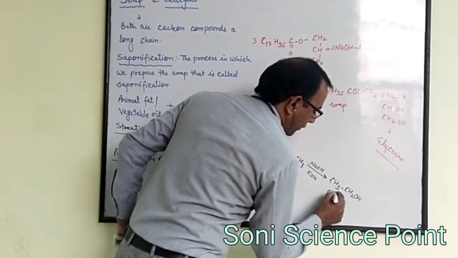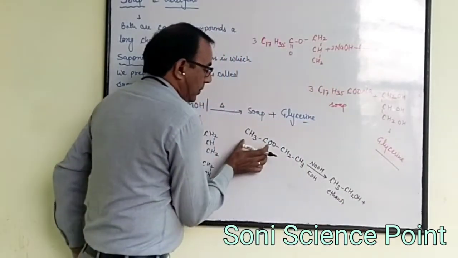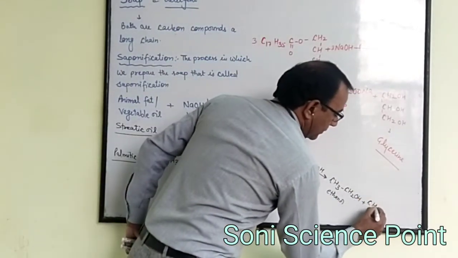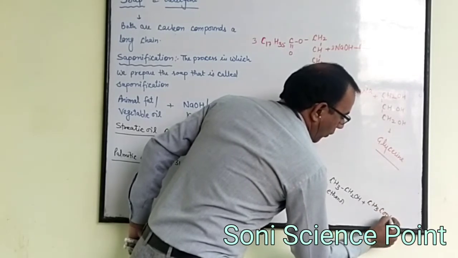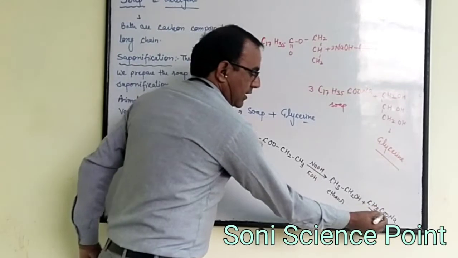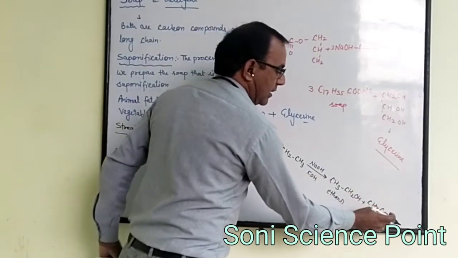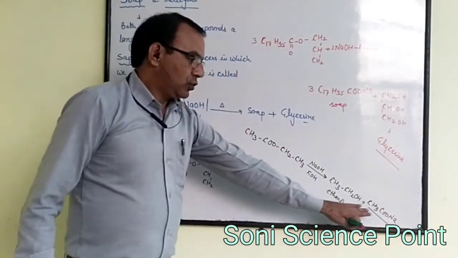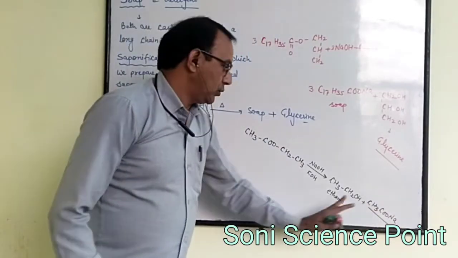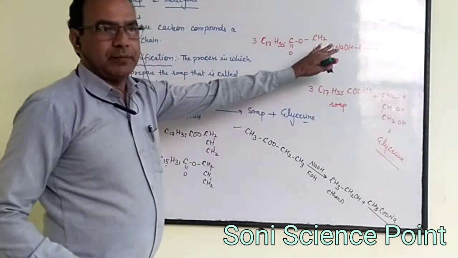This is the chemical formula of ethanol. And soap, CH3COONa. If sodium hydroxide is taken, it produces CH3COONa; if potassium hydroxide is taken, then it will produce CH3COOK. Sodium ethanoate or potassium ethanoate. We can write down this chemical equation also.